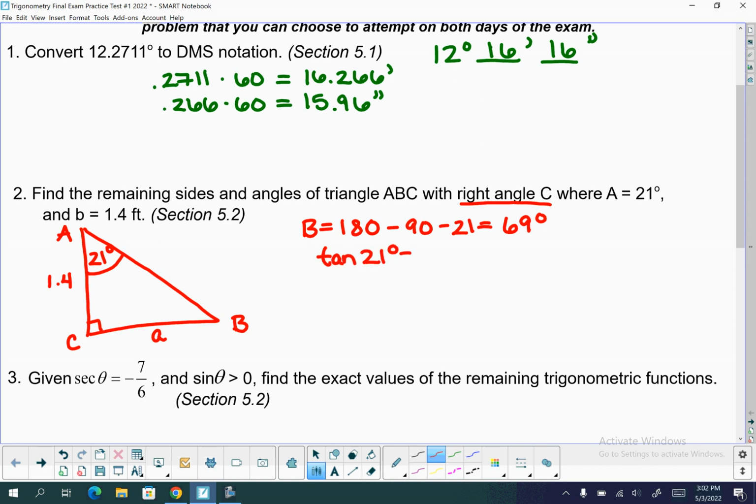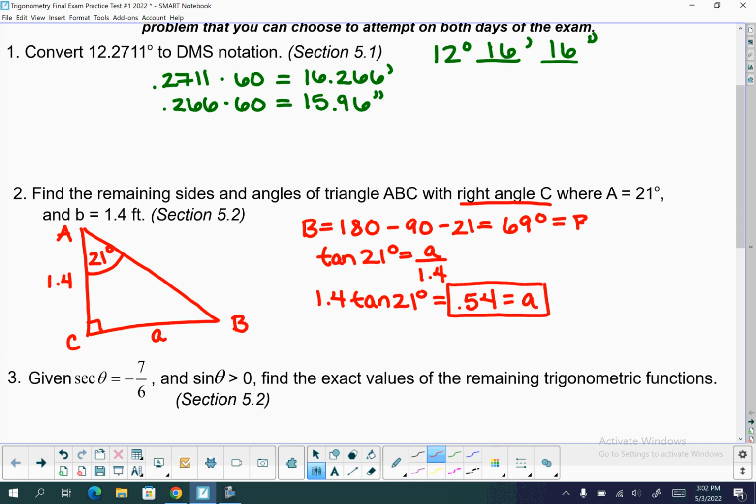Tangent of 21 degrees equals opposite over adjacent. To solve for A, you're going to multiply by 1.4 on each side. Make sure your calculator is in degree mode for this. 1.4 tangent 21 gives me about 0.54 is equal to side A.